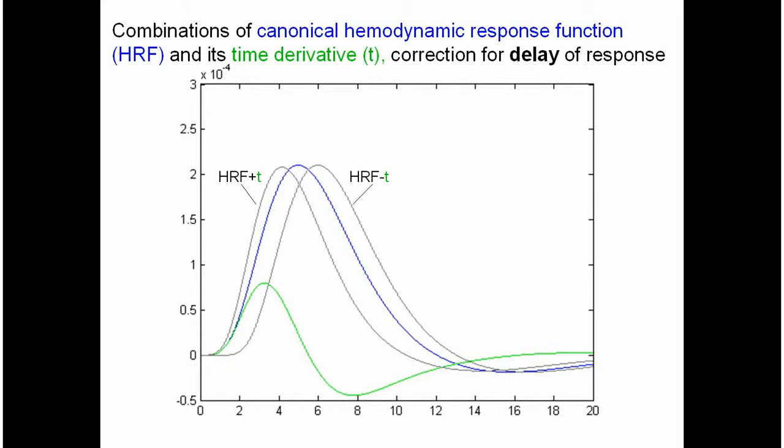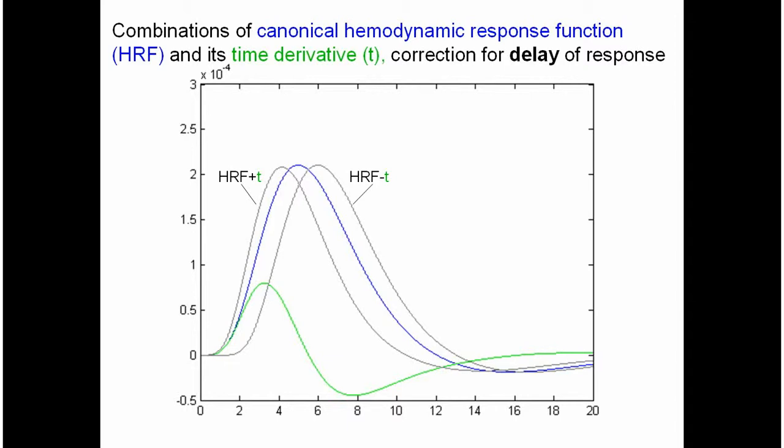The problem is that the hemodynamic response function in each particular case, is it a different individual or a different brain area or a different response of the same brain area, I mean different tasks, different stimulus, the hemodynamic response function can differ just a bit.